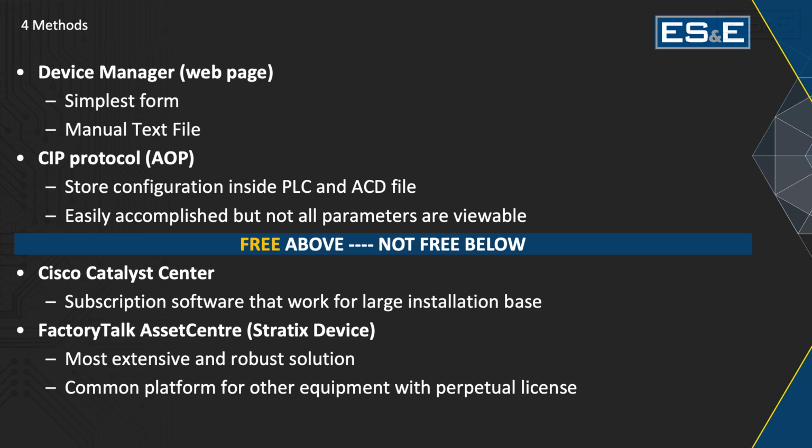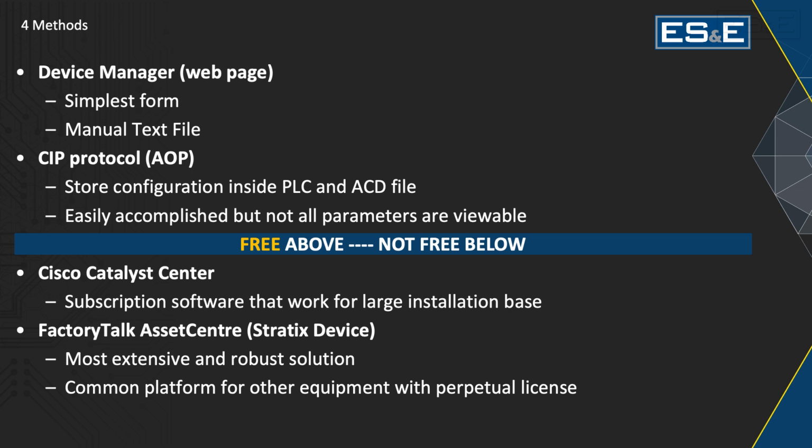And so when you right-click in Studio 5000, we're talking about the development environment for the controllers, and you add a new device to the tree, that graphical user interface that gets launched is what we call the AOP. It's the add-on profile. So it has all the information about the device that you're adding.